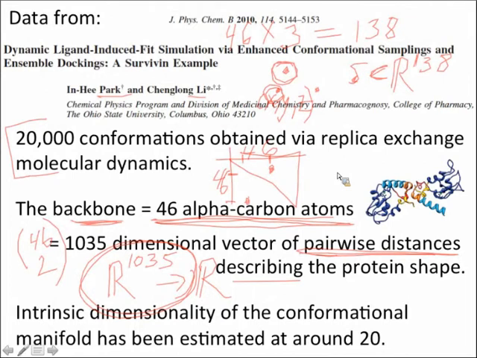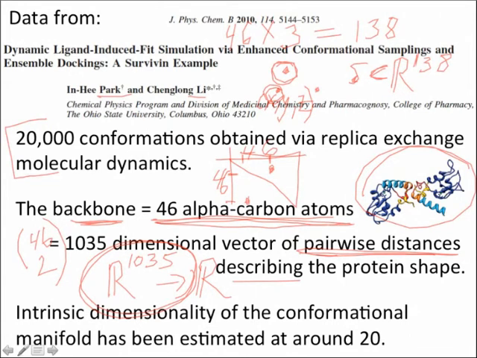One can then, of course, mod out by translations and rotations, any rigid movement of this. If I rotate it or I translate it, I will get exactly the same protein. And more than that, you don't need all 138.